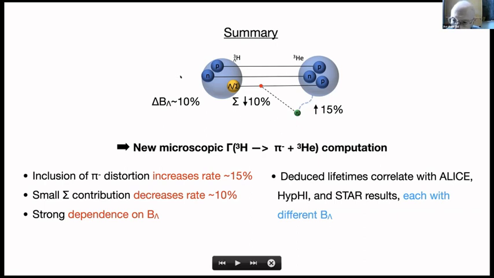But thinking about it now, it used a Nijmegen version of the lambda n potential that we know has a lot of mixing of lambda n, sigma n.